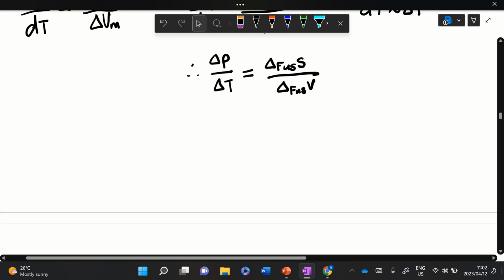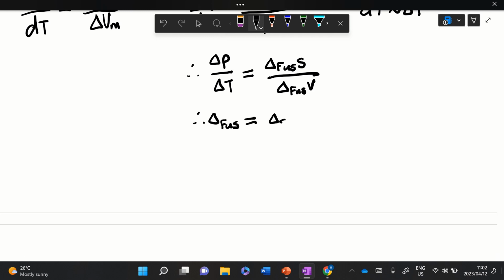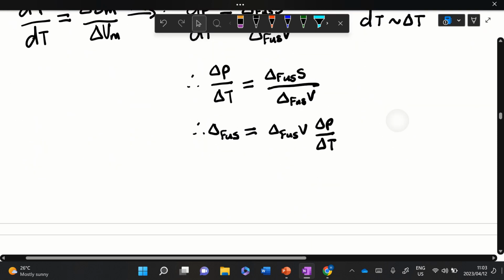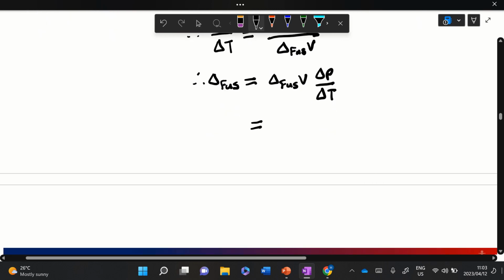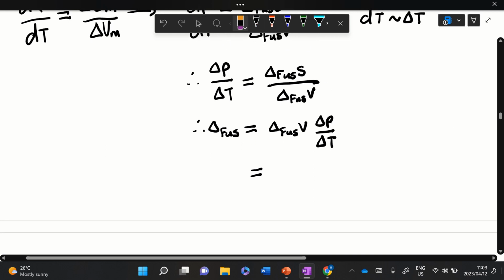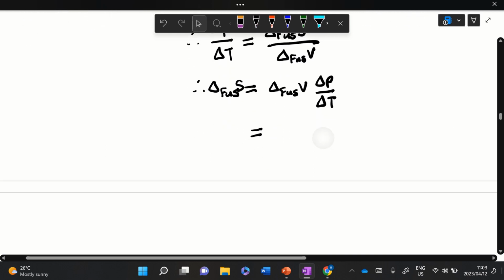And we of course want to calculate the molar entropy, so that is equal to the fusion molar volume change times delta P over delta T. So what are the molar volumes? We're given that of the solid and the liquid. We're looking at a fusion process, so we're going from solid to liquid.